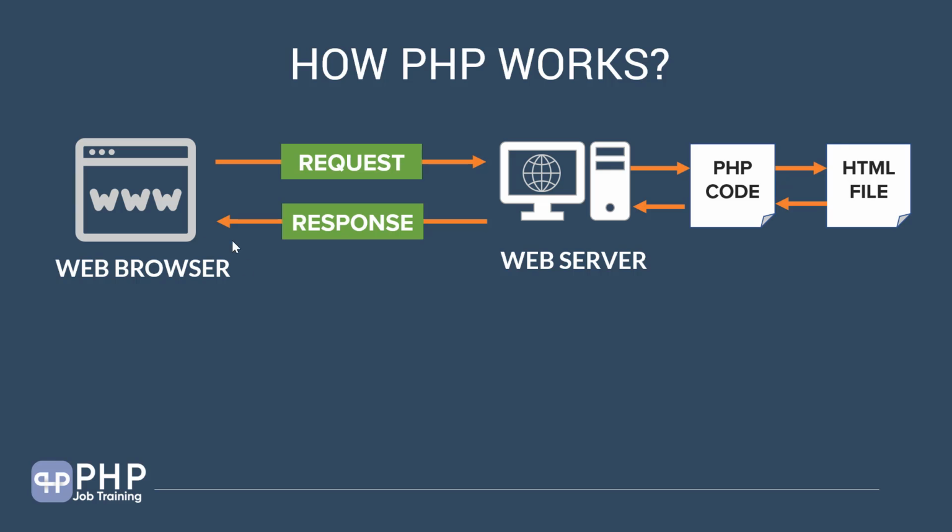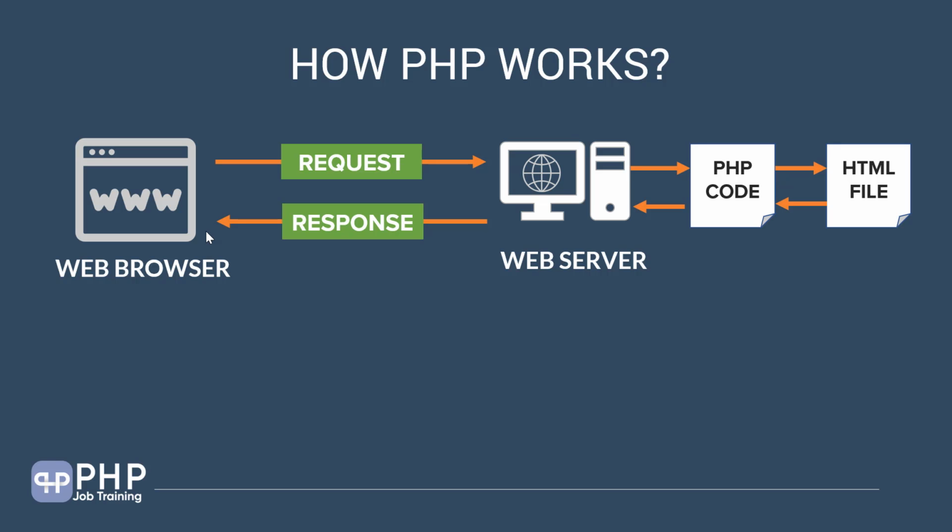If you give the PHP to the web browser to execute, it doesn't really understand it, because PHP is server-side code and PHP is interpreted by the server and converted into HTML code. Whatever code you write in the PHP code is converted into HTML, and that HTML content is given to the web browser so that the web browser can display it.